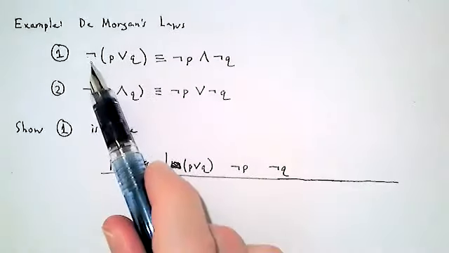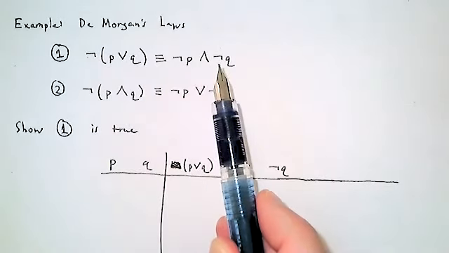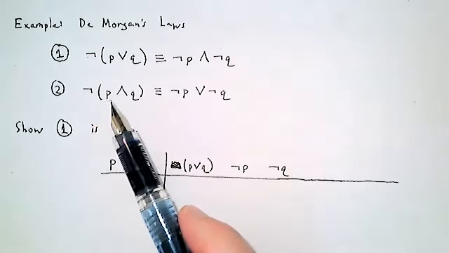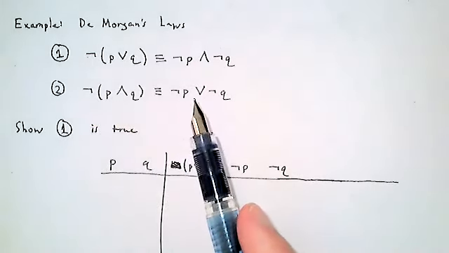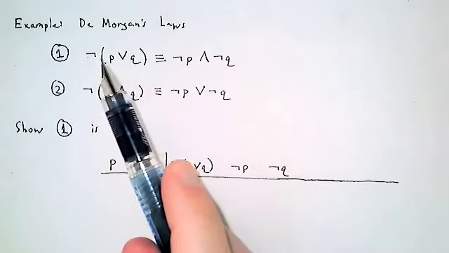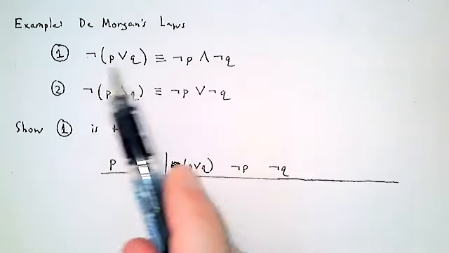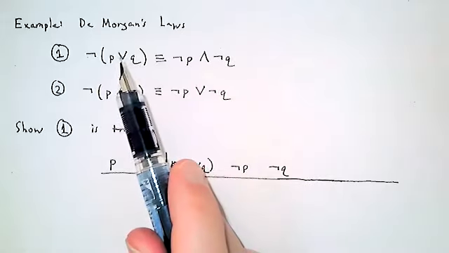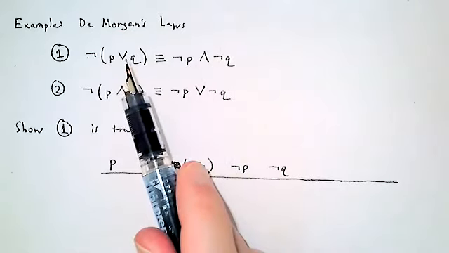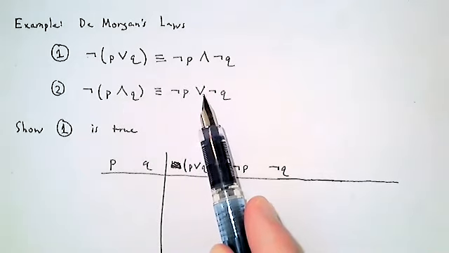They say that not (P or Q) is equivalent to not P and not Q. And the second one says that not (P and Q) is logically equivalent to not P or not Q. So the basic idea here is that the negation, the not symbol, gets distributed into the parentheses, but the symbol in the middle gets flipped. So the or becomes an and, and the and becomes an or.